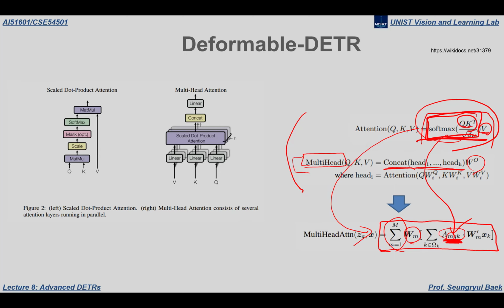And this is the key query weight, and this is the value vector, okay? So for the value vector, we are multiplying some weight for the value vector, and then summing them over the weight, okay? And multiply another weight for the multi-head, okay?